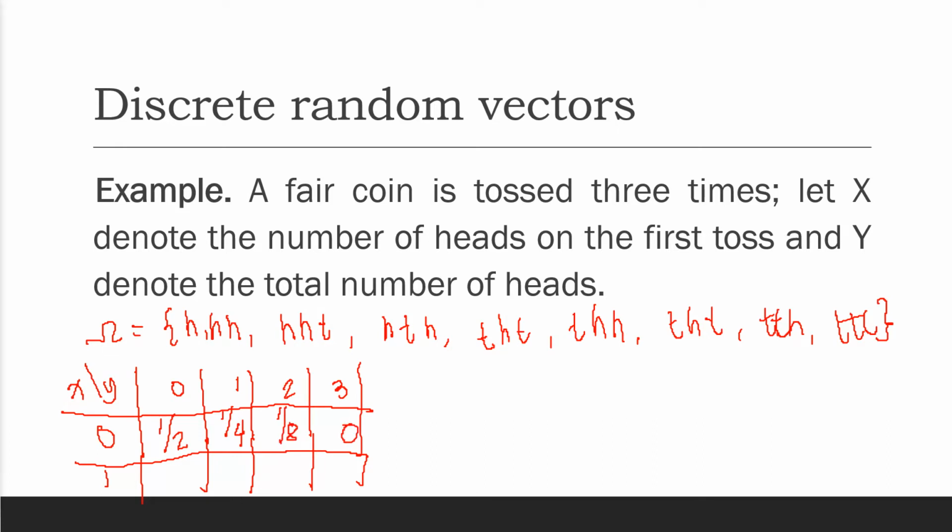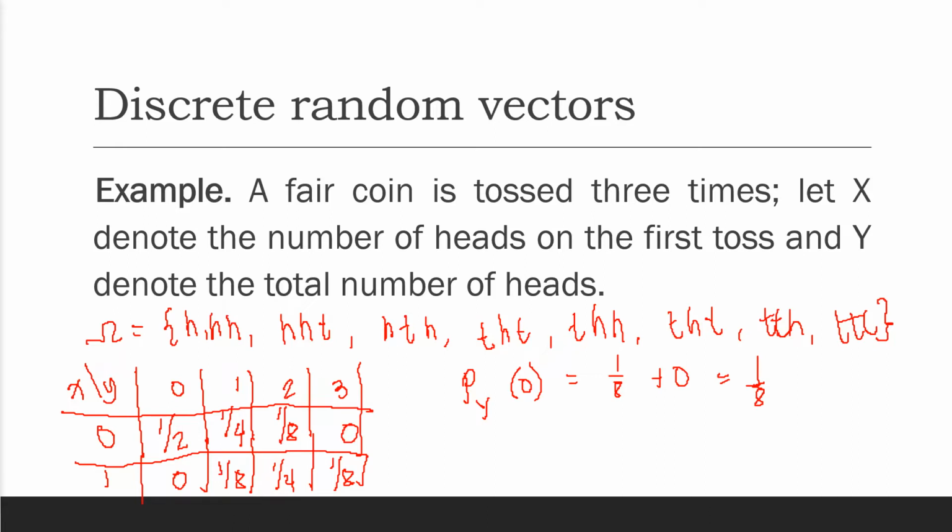Now this would be 0, this would be 1/8, this would be 1/4, and this would be 1/8. So the probability of Y equal to 0 is equal to 1/8 plus 0, which is equal to 1/8.